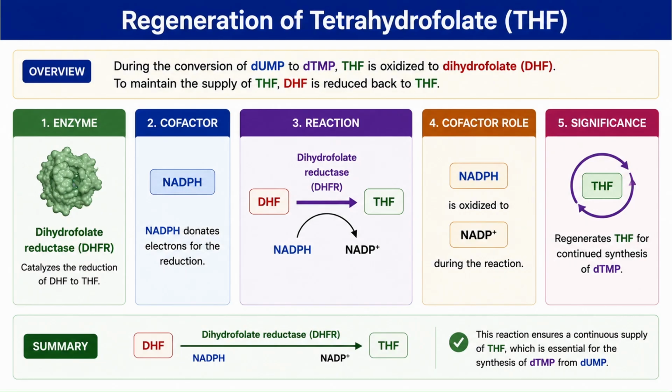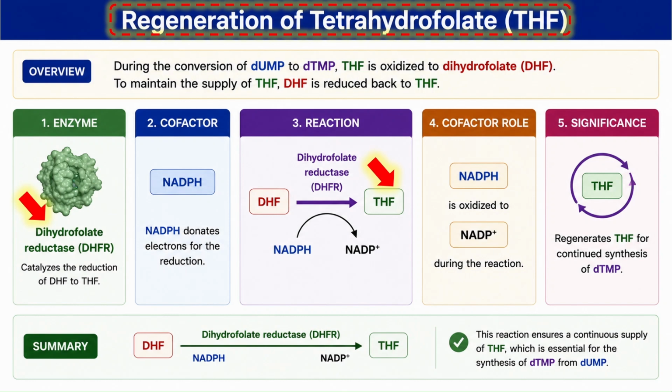Now let's talk about the regeneration of the tetrahydrofolate, because that is the methyl donor. Just now we have learned that from dUMP to dTMP, the only difference is a methyl group, which is donated by this tetrahydrofolate. So we have to constantly supply this tetrahydrofolate in the body. How is it being done? The dihydrofolate reductase, or DHFR enzyme, regenerates the tetrahydrofolate from dihydrofolate using NADPH. So NADPH acts as a cofactor.